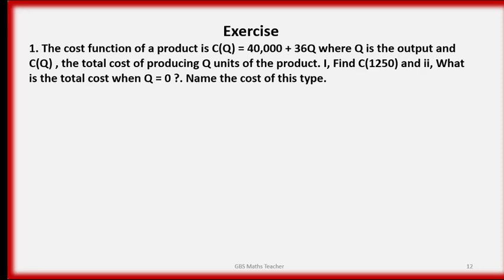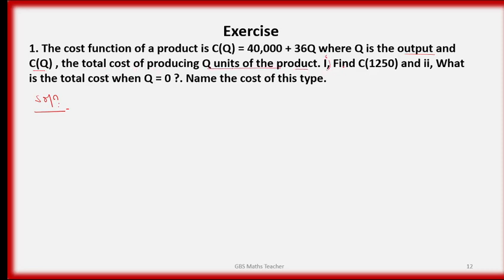Now the first question, dear students, it is a very easy question. Before the solution, let me highlight the question. The cost function of a product C(Q) equals 40,000 plus 36Q, where Q is output and C(Q) is the total cost of producing Q units of the product.